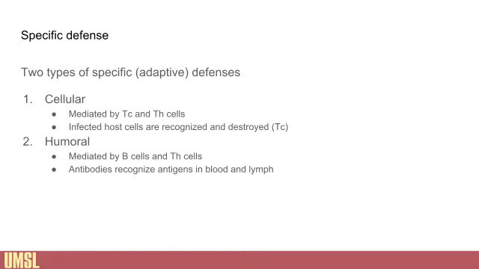And the humoral component of adaptive immunity is mediated by B cells and T helper cells, specifically here the Th1, and B cells and Th2 cells. Essentially, we're generating antibodies to recognize specific antigens in blood and lymph fluids, and also mucosal fluids.